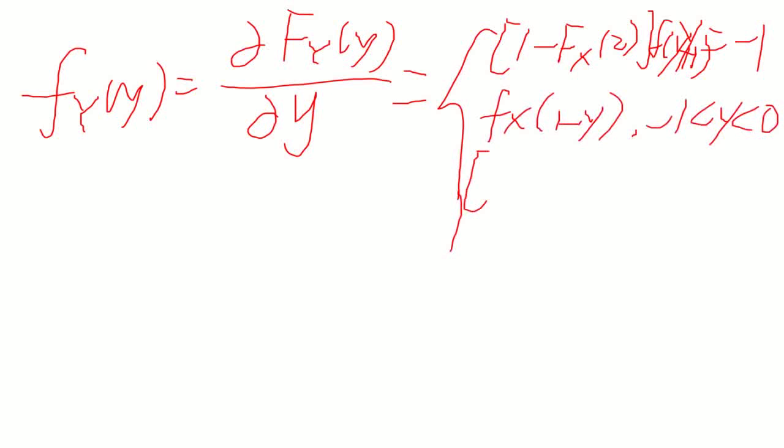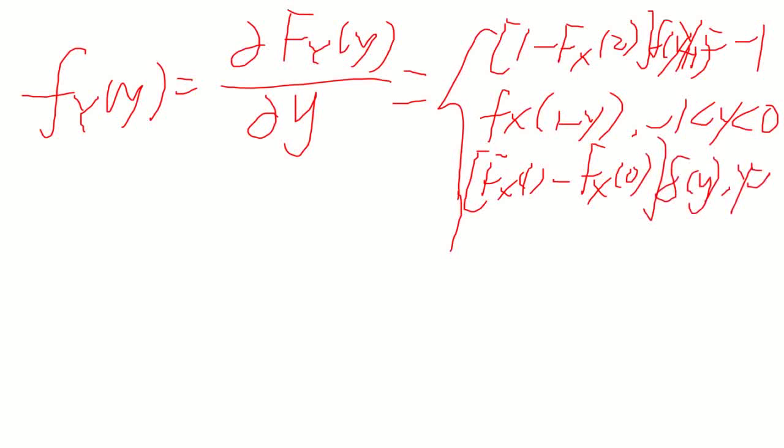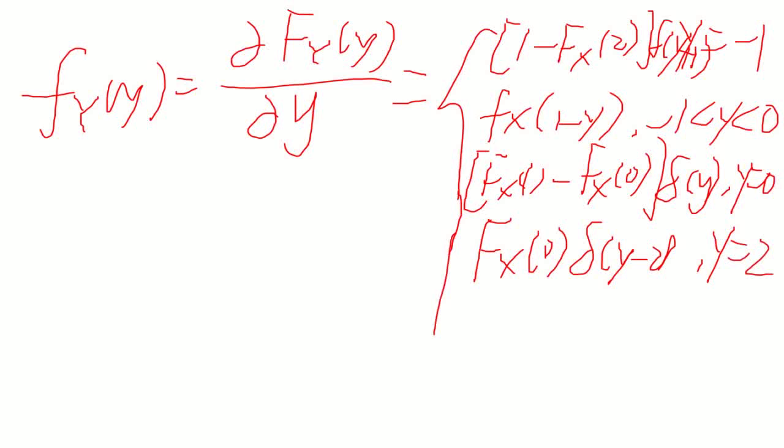It equals capital F of x at 1 minus capital F of x at 0, times delta y, when y equals 0, and equals capital F of x at 0 times delta y minus 2 when y equals 2, and it equals 0 otherwise.